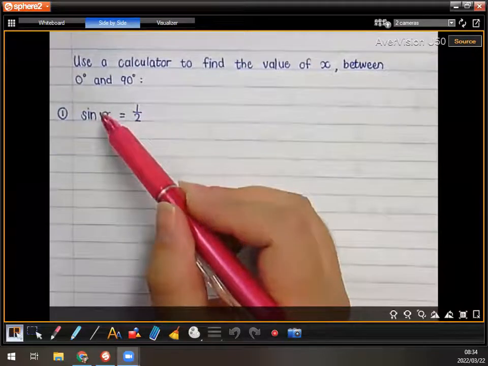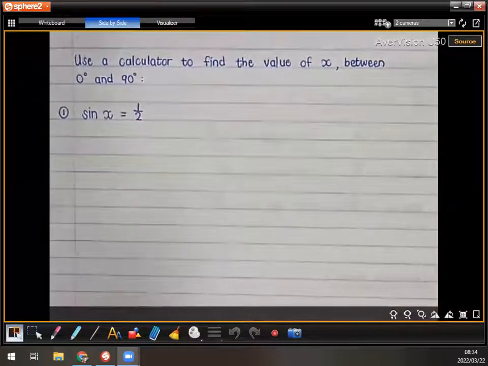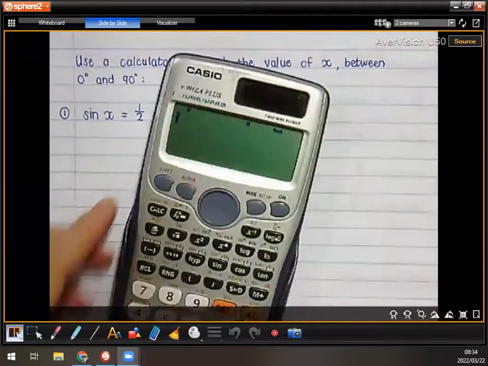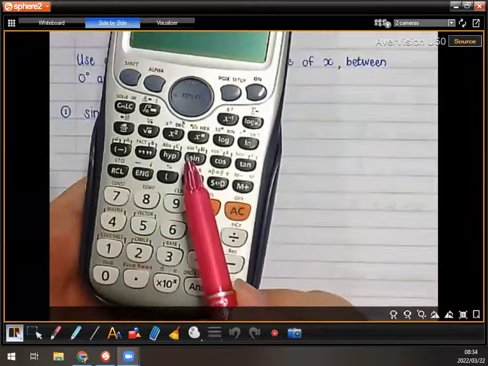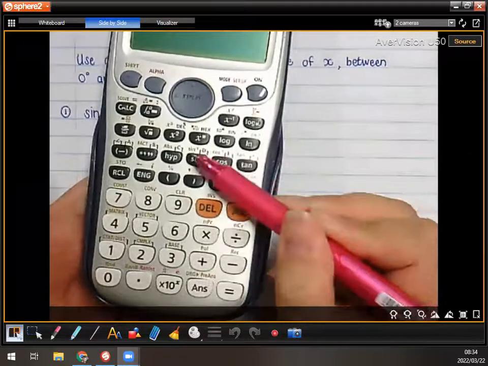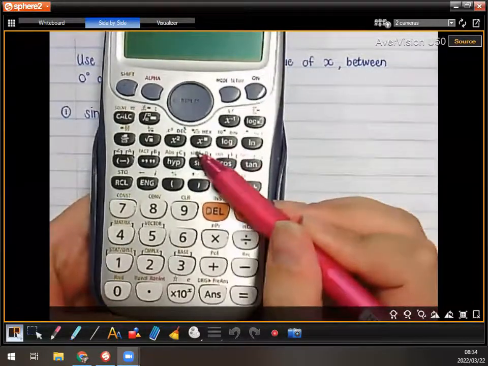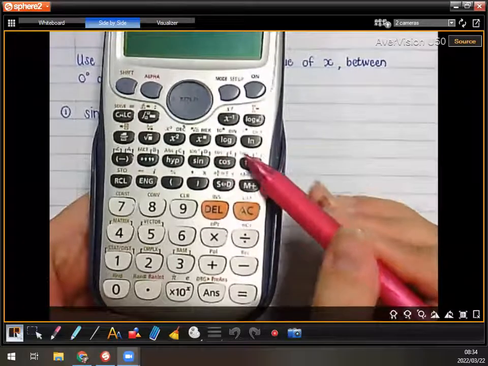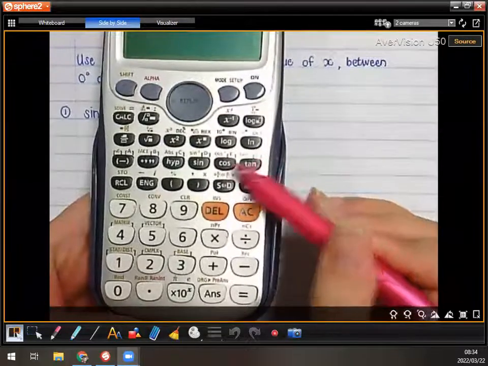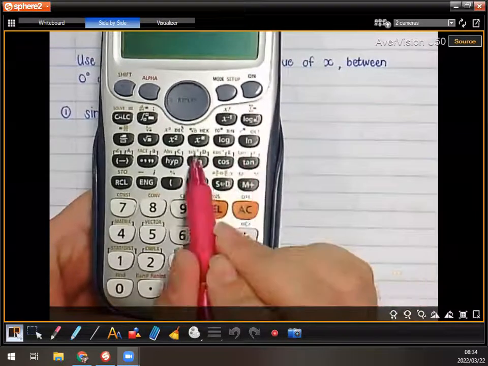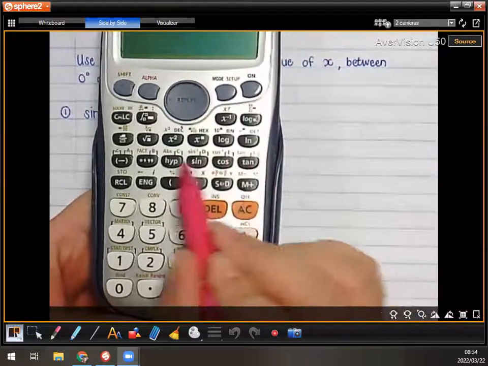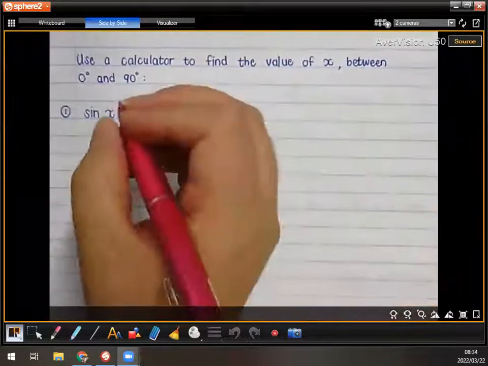So the way in which you can actually separate a trig ratio from the angle is by using the function above the sine, cos, and tan buttons. You guys see there's a sine to the -1, cos to the -1, tan to the -1. Now guys, how am I going to get those? What do I press on the calculator to use those functions? Shift.